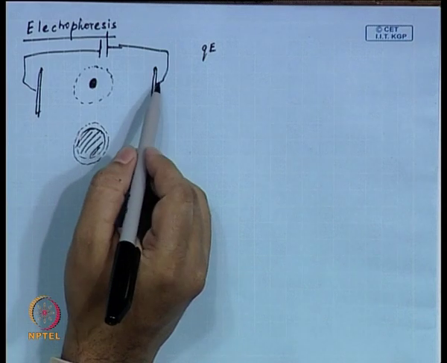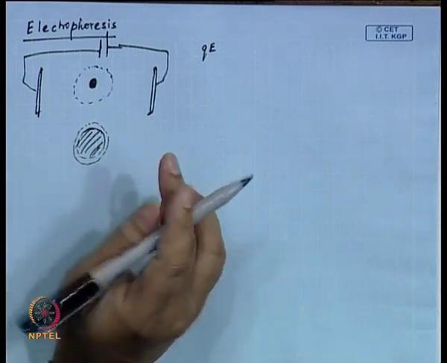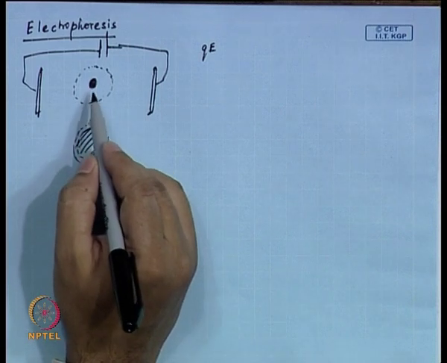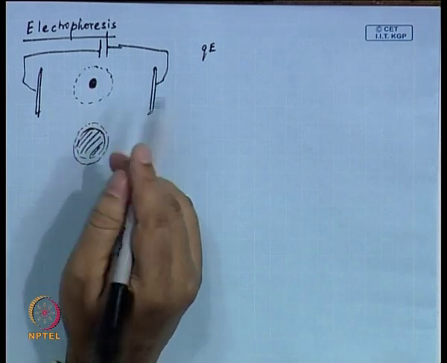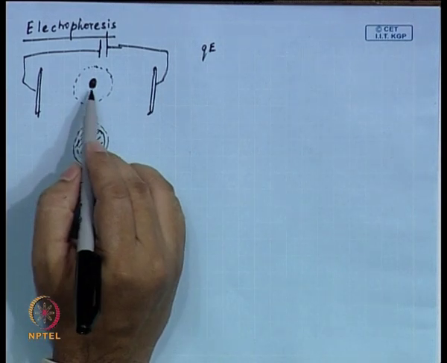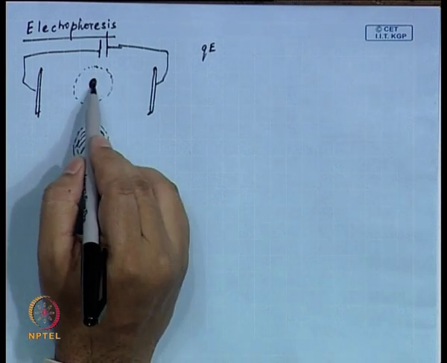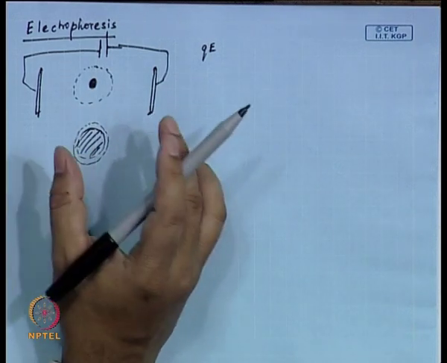The idea of electrophoresis, as we mentioned at the very outset, is that if you have several such particles of different size or charge, these particles would be attracted to the electrode by different forces.